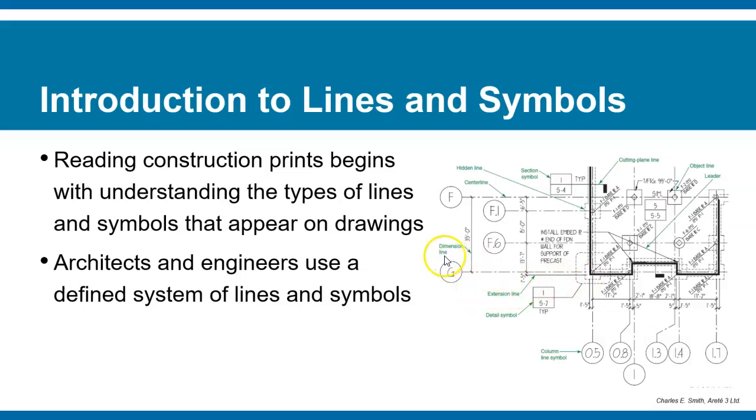whereas the center line for G is referencing the center of that particular object, which is a column in this case. And so the point of reference or point of measurement is 1.5 foot from the outside corner to the center.